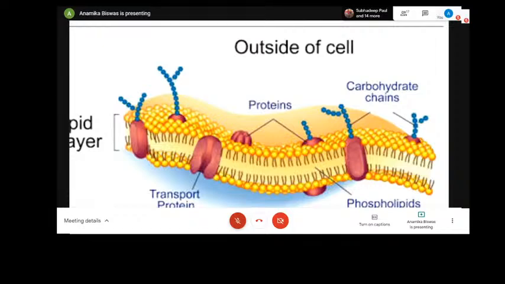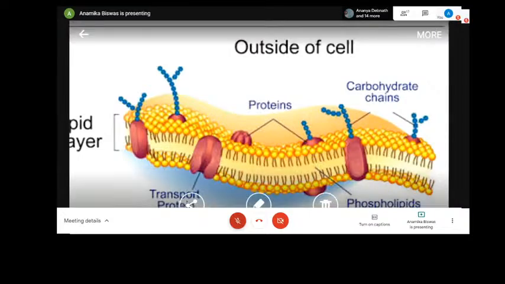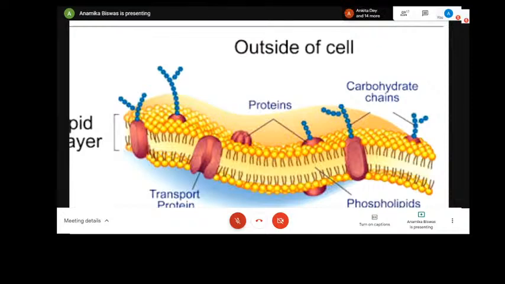So these substances are transported by carrier protein. You can see the protein molecules present in the lipid bilayer. This integral protein acts as a carrier protein for polar molecules. So this is active transport.